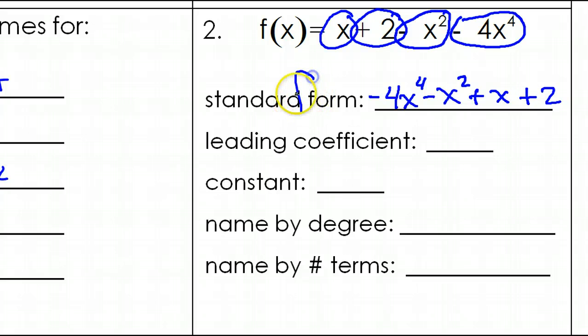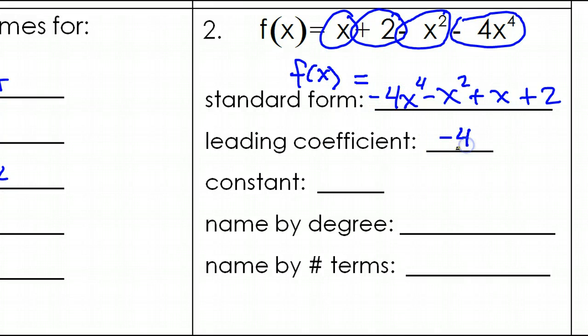And I really should put f of x in front of here, but I was afraid I was going to run out of space. All right, somebody's going to have to read this later, so I'll put it up high. Okay, that's your standard form. Now, if it's in standard form, the leading coefficient will be the coefficient in front.